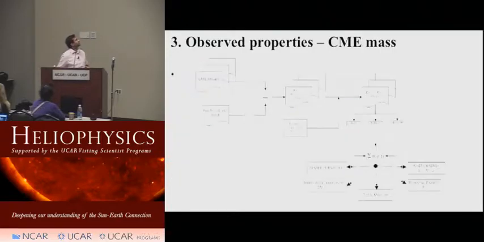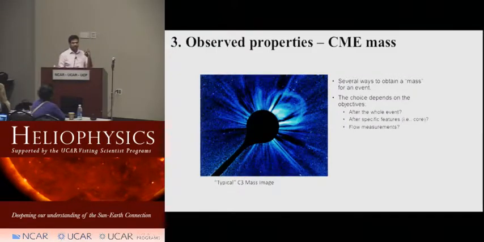We're going to skip over the exact detailing, but a lot of this is in SolarSoft, on how to convert white light images into mass images. Again, if you want to actually do this yourself and get under the hood, come speak to me afterwards. The basic process is lots of algorithms in SolarSoft which will do it, and that allows you to convert white light images into mass, so effectively you have an image like this, which is now a mass image.